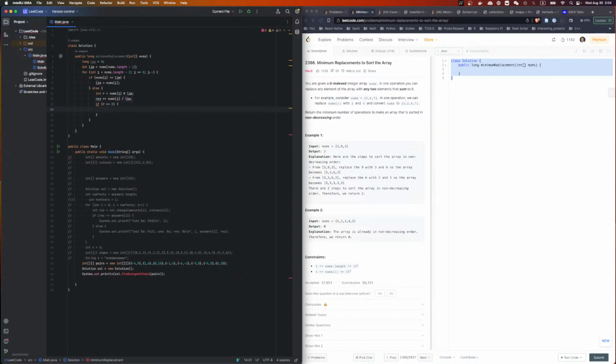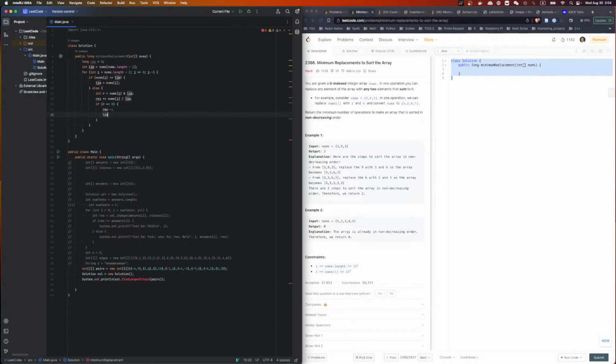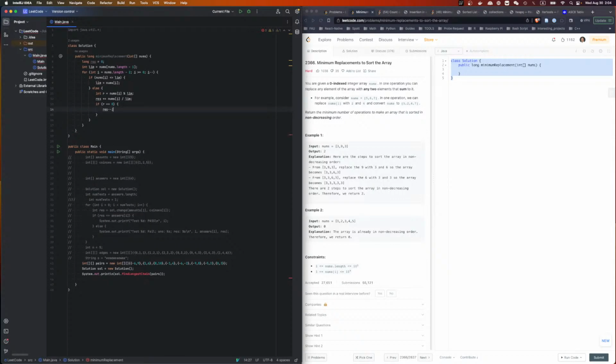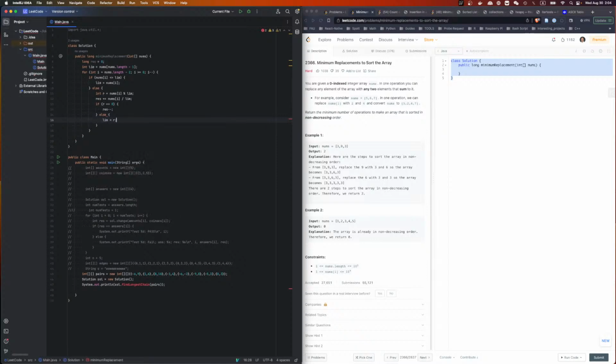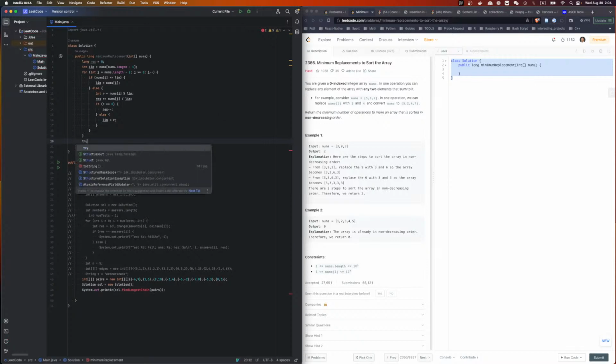And then if this, then rest minus minus, and we don't change lim. Else, limit becomes r. Then we keep going again, keep going again, keep going again. And then we'll return.